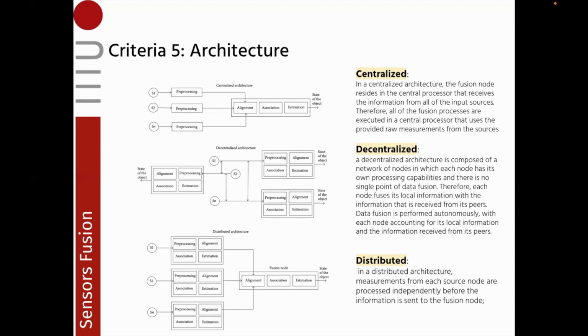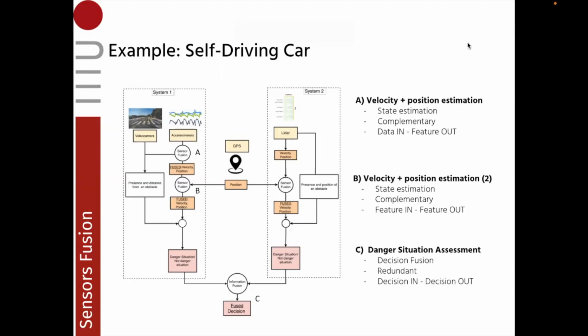Or we can have a distributed architecture where what we send to the fusion engine is a kind of processed information, not the raw data or the raw signal. What we fuse is basically not the measurements, but a processed version of them, so features, for example, or decisions.